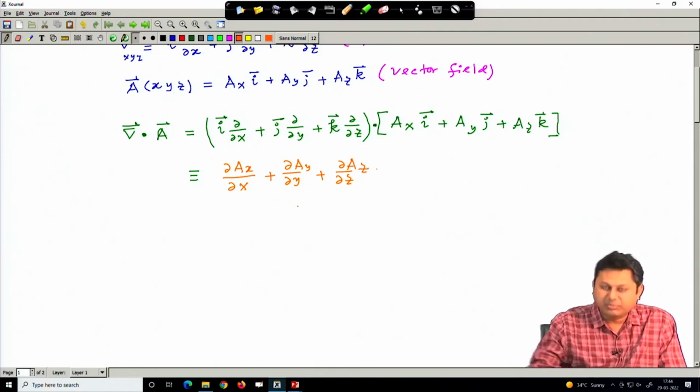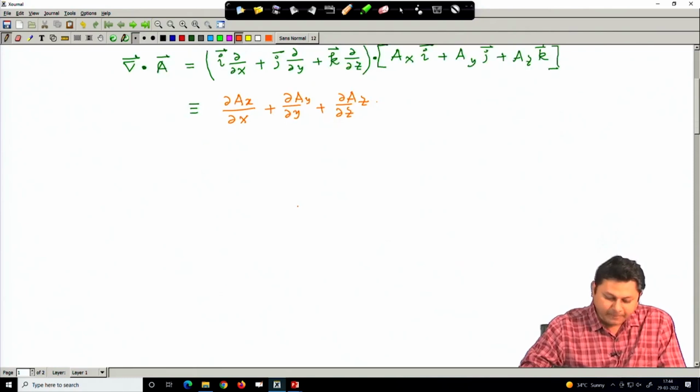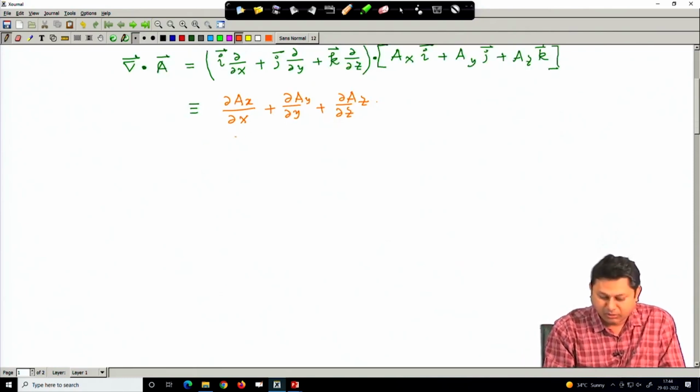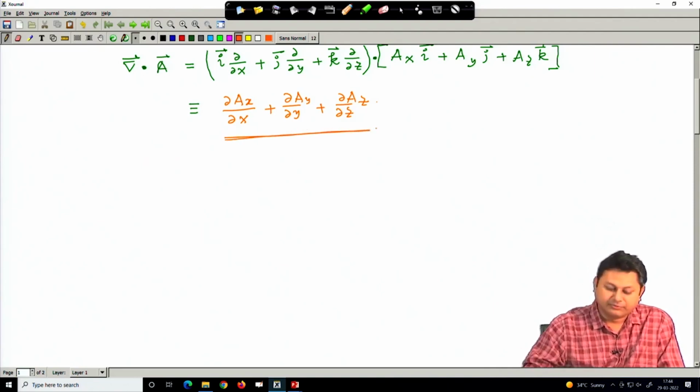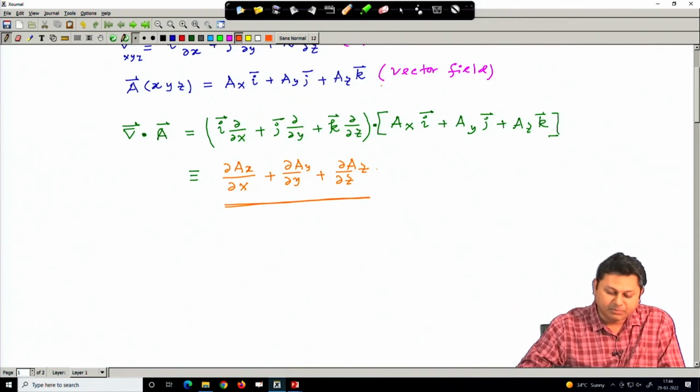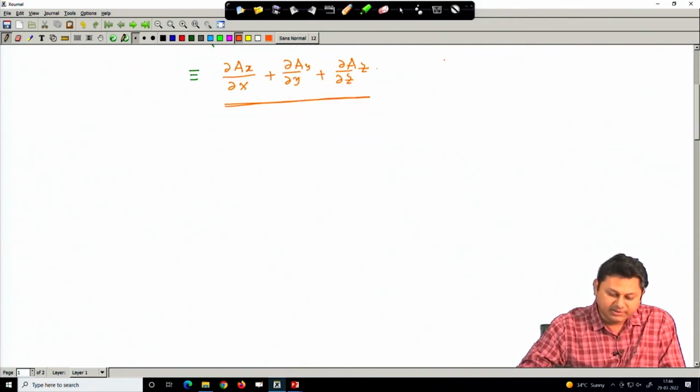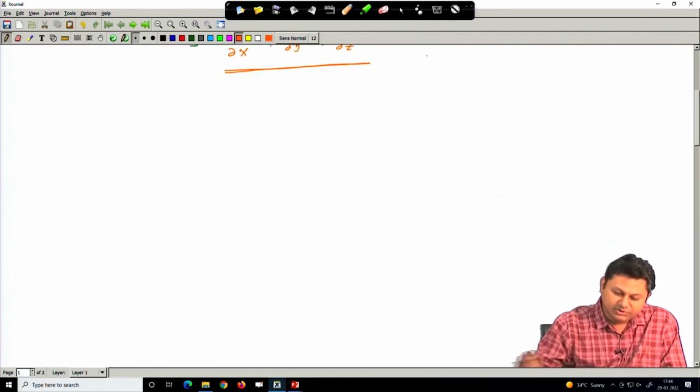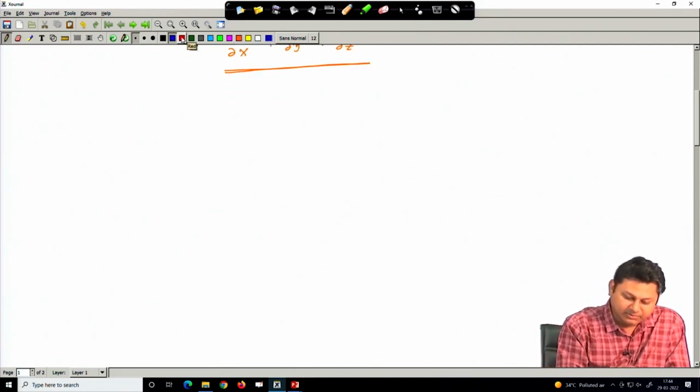So, this is the recipe of the operation. Well, that is fine. Now, this is the mathematical form of how the divergence operator operates over a vector field A. Now, let us try to understand the physical meaning or the geometrical interpretation of this operator.